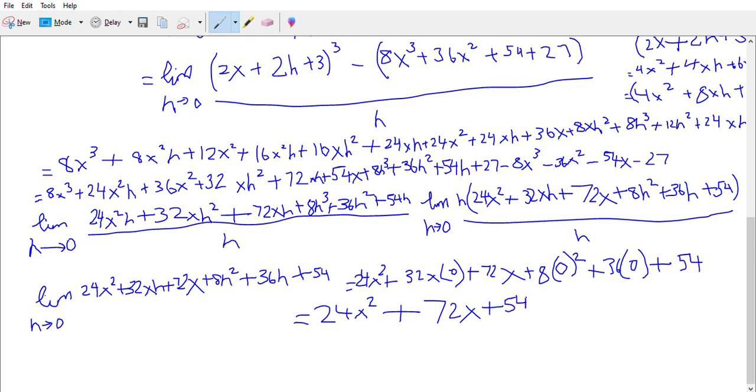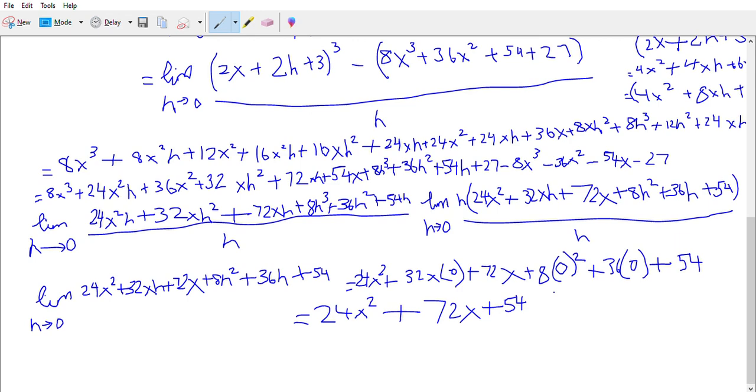That is all that is left after using the definition of the derivative, the limit as h approaches 0 of 2x plus 2h plus 3 cubed minus 2x plus 3 cubed over h. That's the derivative, 24x squared plus 72x plus 54.